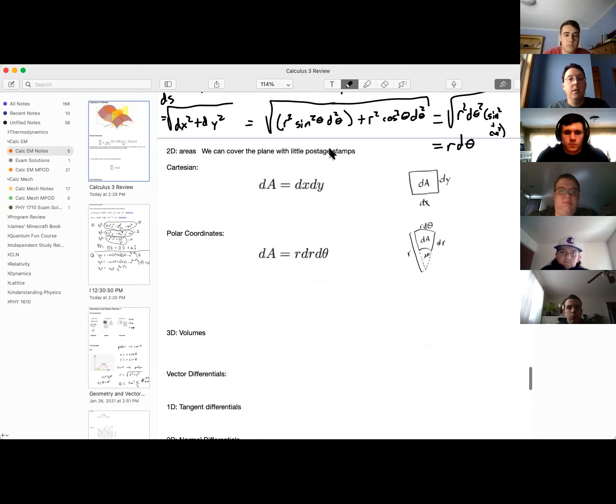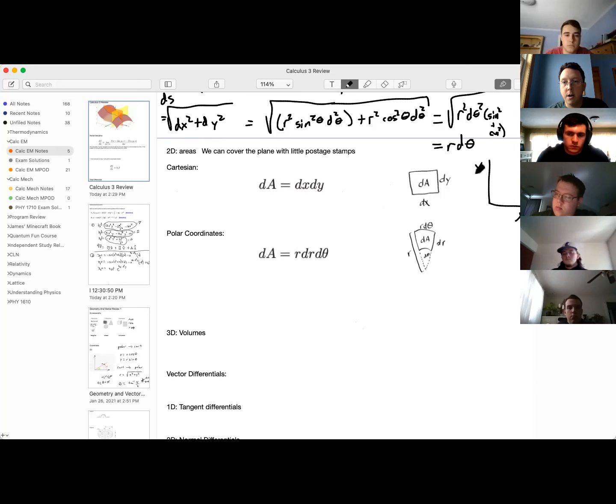Okay. What about areas? So the area differential is a 2D area in a plane, in an XY plane. What you're basically doing is imagining some shape, let me draw a picture here.